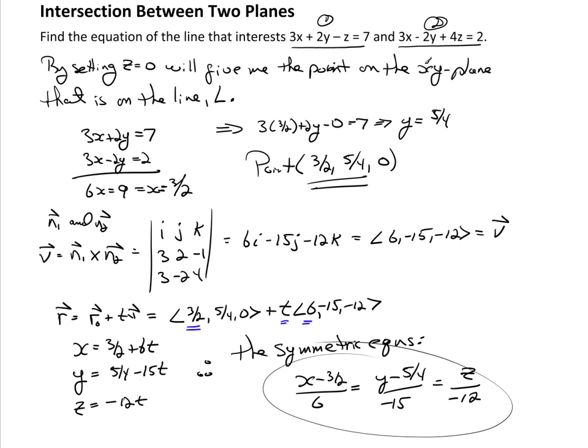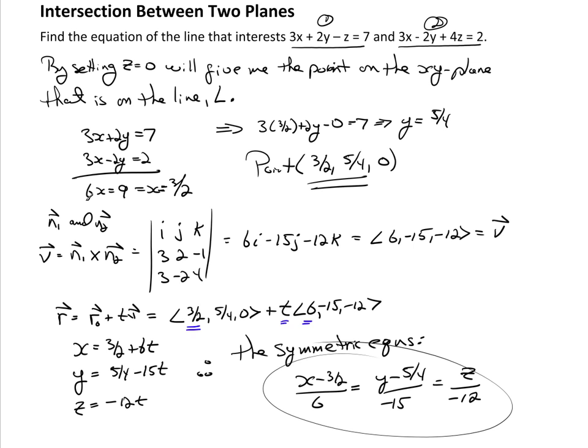I could have picked x equals 0 or y equals 0 and had a different point, but the process would have been the same. By setting that one value, z equals 0, I can find the points for x and y. So now I have a point on the line. Remember, that point on the line is a point on both planes.